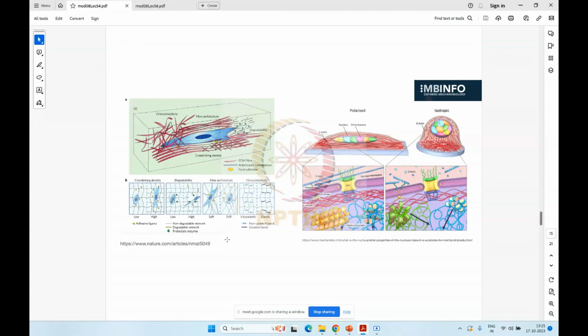And depending upon that, the cell is going to modify its contents, like it would rearrange its actin cytoskeleton, its microtubule cytoskeleton.